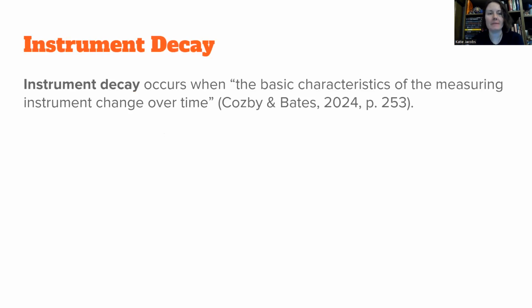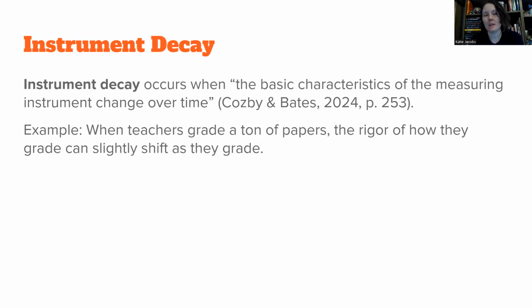We also have something called instrument decay. And instrument decay occurs when the basic characteristics of the measuring instrument change over time. So for example, when teachers grade a ton of papers, the rigor of how they grade often slightly shifts as they grade. So whenever I grade assignments, a lot of times I will remove the assignment from the view of the students so that I can grade through all of them.